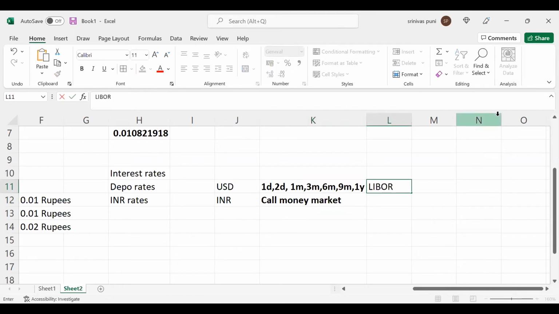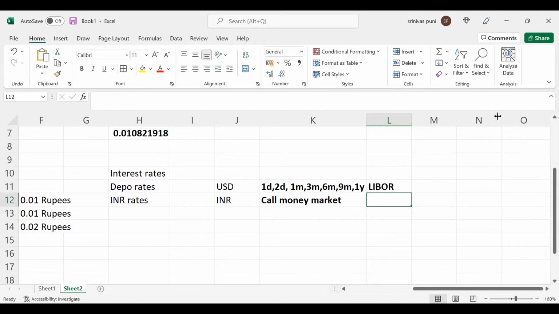We'll discuss this in much more detail when we talk about fixed income markets, but I'm just mentioning it here. LIBOR is London Interbank Offer Rate. This LIBOR rate is a benchmark, where somebody talks to banks, looks at all the trades that are happening and takes an average and gives a benchmark. And the benchmark reflects the actual rate in the market, right? This is the LIBOR rate available in the dollar market.